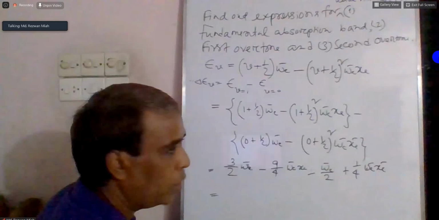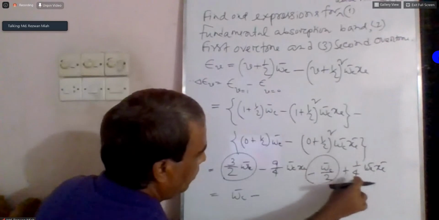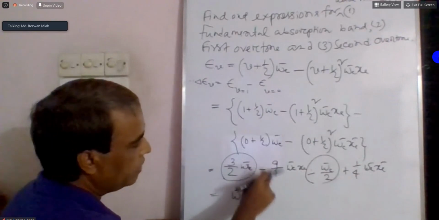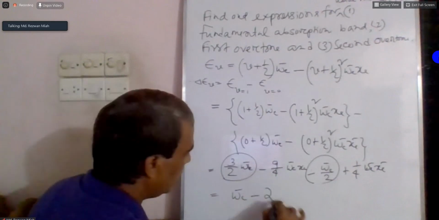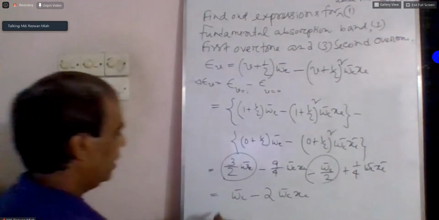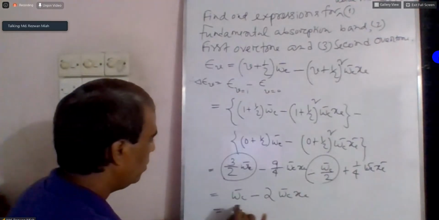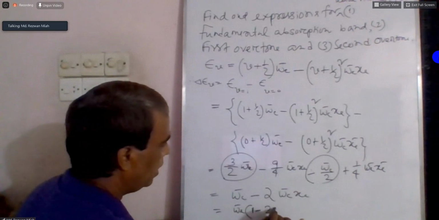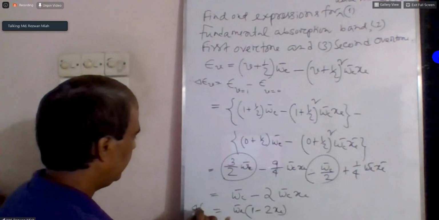And 9 by 4 minus 1 by 4, that means minus 8 by 4, which is 2. So we can write 2 omega e bar x. From here we can take omega e bar common, so 1 minus 2 x e.